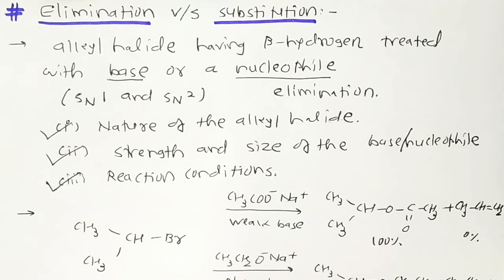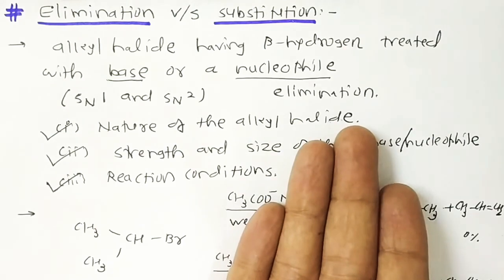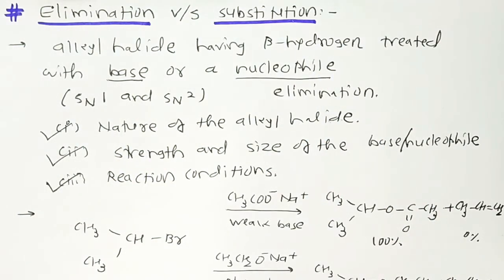Both are tertiary in nature, but when the tertiary halide reacts with an aqueous nucleophile, water is required for an SN1 reaction, because in SN1 you have to break the C-X bond with the help of the solvent. In the case of elimination, we do not require water molecules, so most of these reactions are carried out in the presence of ethanol. So the nature of the alkyl halide plays a vital role in deciding whether the reaction is elimination or substitution.